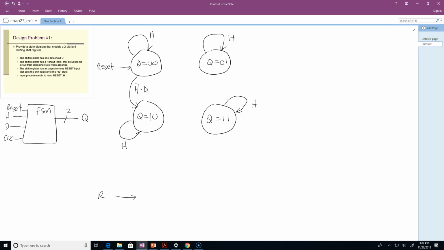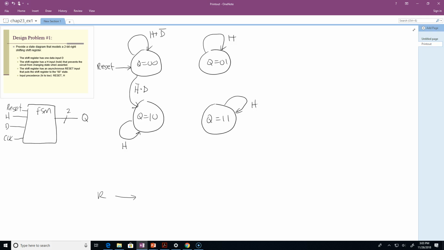Okay, so that's one input for D equals 1. When D equals 0, the state's not going to change, or you can say it's going to change back into the same state. So this is going to appear like this. Okay, and I think I'm done with that state.